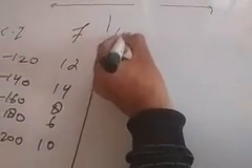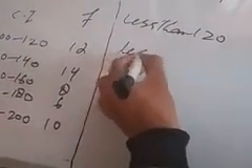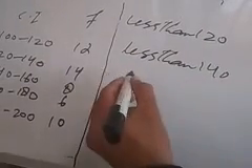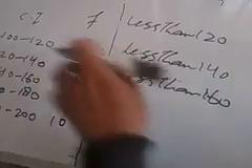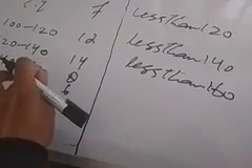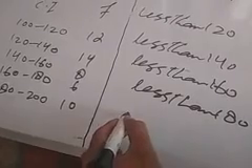Here the upper limit is 120, so I will write less than 120, then less than 140, less than 160, less than 180, and last less than 200. Use only the upper limit.